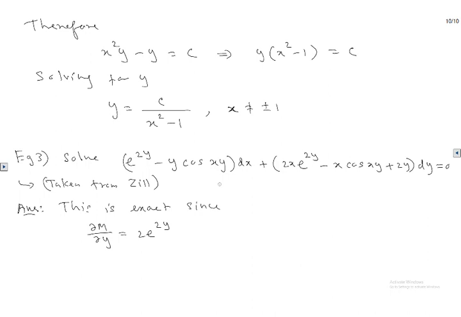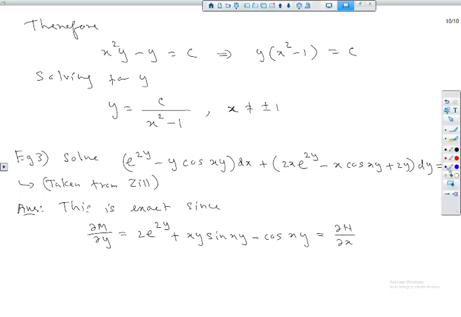X is a constant, so it comes out, but the cosine gives a negative sign, so that becomes plus xy sine xy. Then the derivative of the first factor is simply 1, so you get negative cosine xy. But you can see that this is exactly equal to the partial derivative of the N function with respect to x.